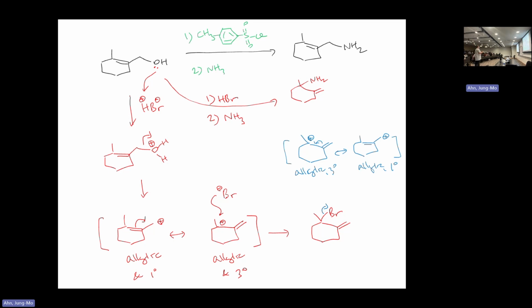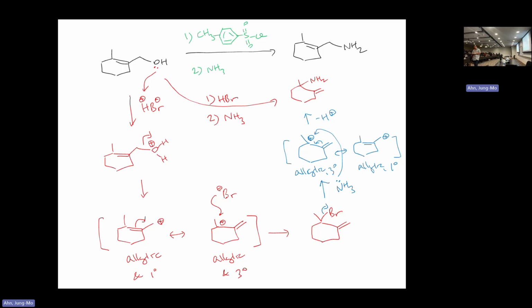But this is still major. That is captured by the ammonia, and then you get that form as a major. But you get that one form as a minor. That's why if you answer that way, you get partial credit, because you get the product from these resonance structures, but that's a minor compared to the other one.